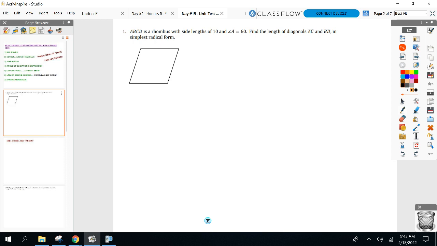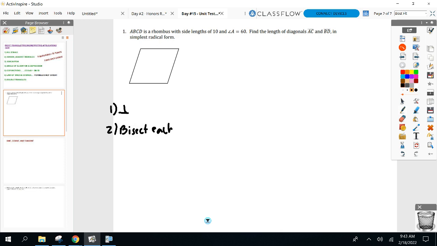Before I leave you to go on your own, let's quickly review properties of a rhombus that will probably help you out in this problem. I need to know the lengths of the diagonals, so tell me something about the diagonals of a rhombus. Addie? They're perpendicular to each other. They bisect each other.